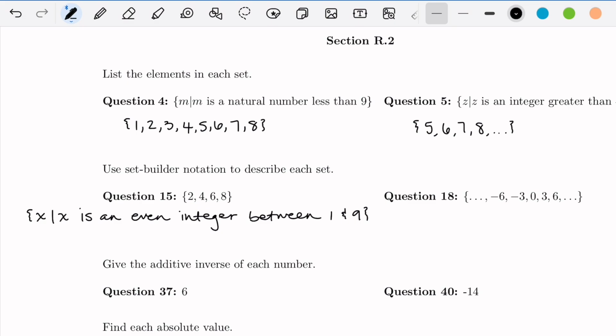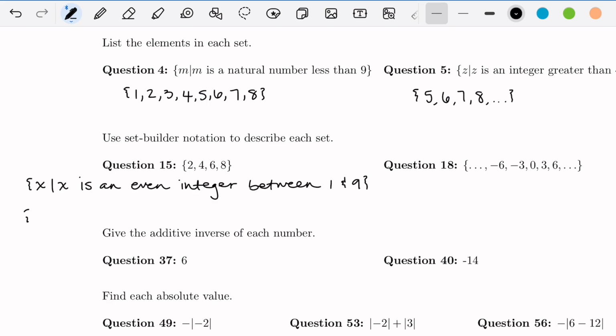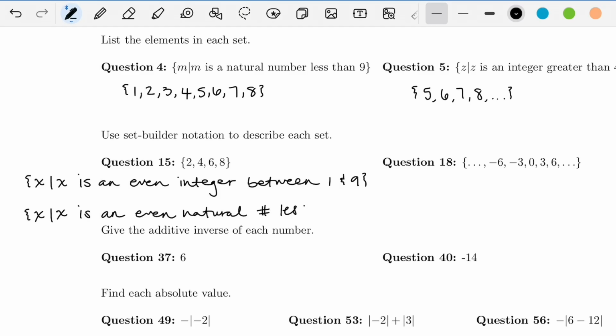Something to note here is that all we're doing, like I said, is using set builder notation to describe the set, so there's not one right answer. In some cases there could be several correct answers. As long as it describes the set, we're good to go. For another example, we're still going to use this x here. We could say that x is an even natural number less than 9.